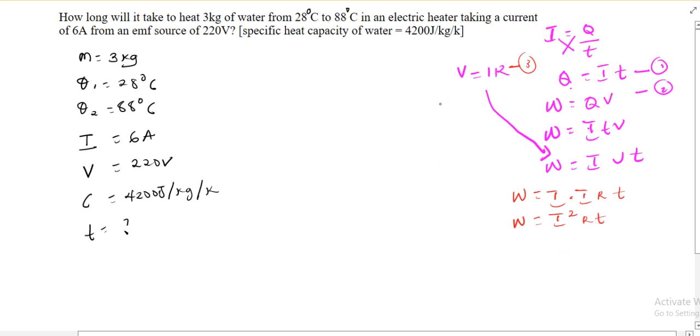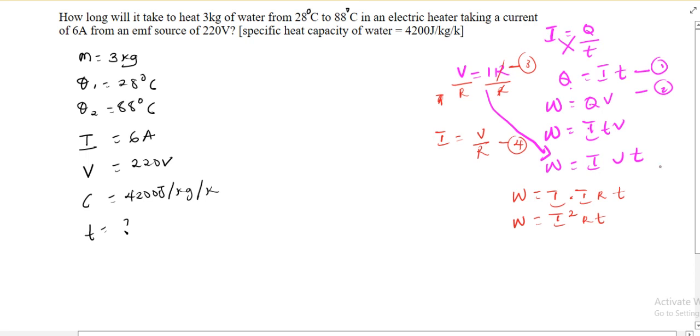Also, from Ohm's law, if you divide both sides by R, you cancel R, so I is equal to V over R. Let's say this is our 4.